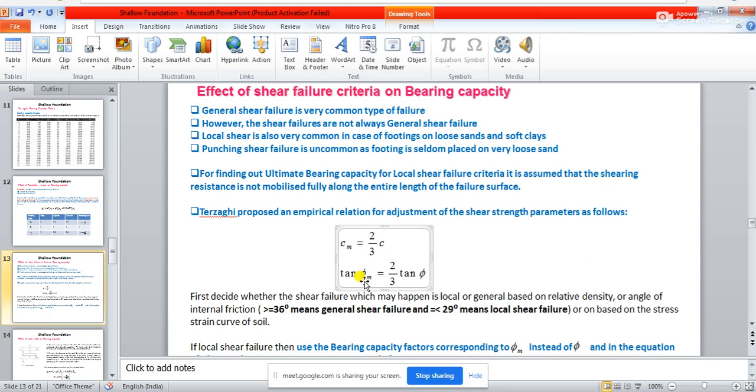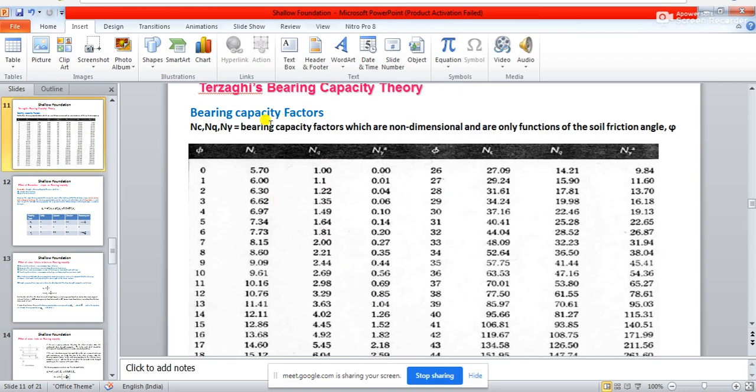So phi m is going to be tan inverse of 2/3 of tan phi, which will be lesser than this phi. Corresponding to that phi m, you will have to get the values of Nc, Nq and N gamma.